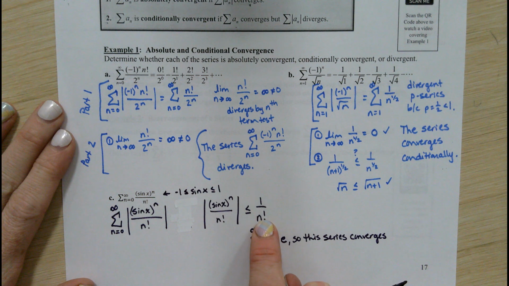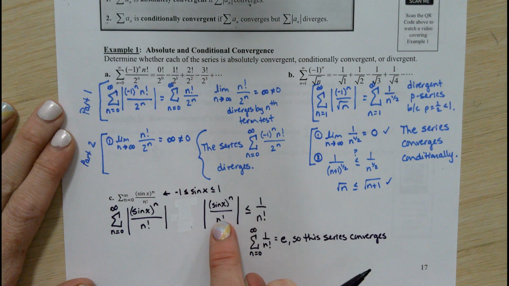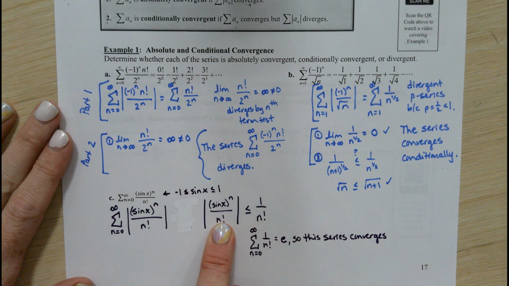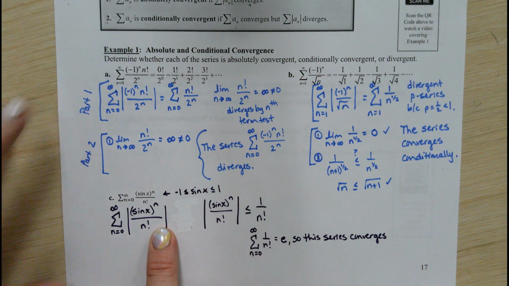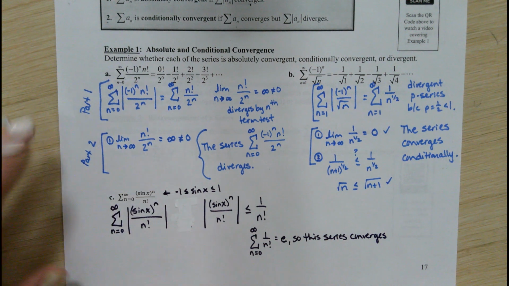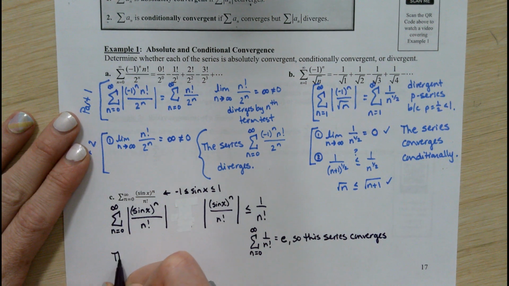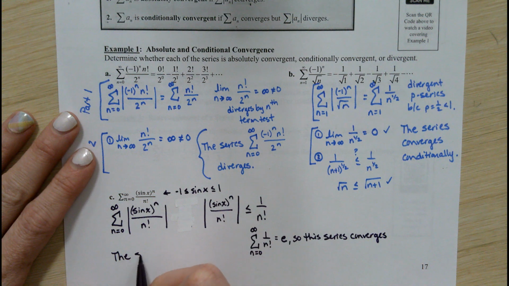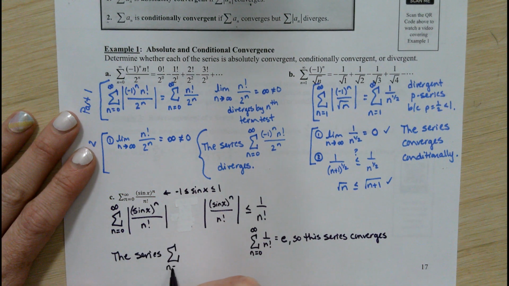If this series converges to e, but it's bigger than our series, then by direct comparison, we know that our series converges. And we were considering the absolute value of our series, and so that tells us that our series converges absolutely. So I'm going to write the series in here again, just so that I'm being super clear about what I'm making a conclusion for.